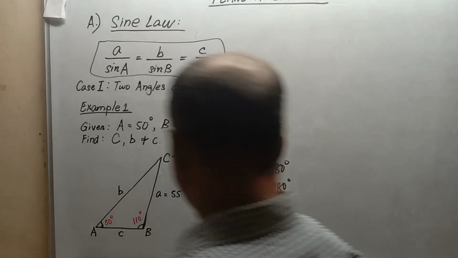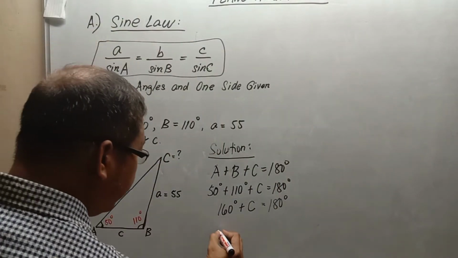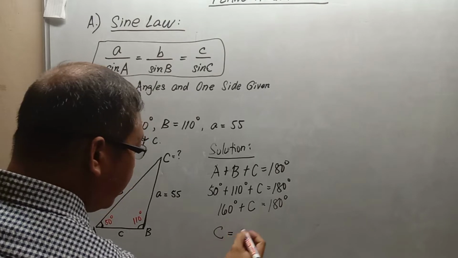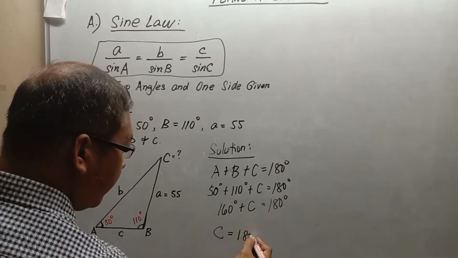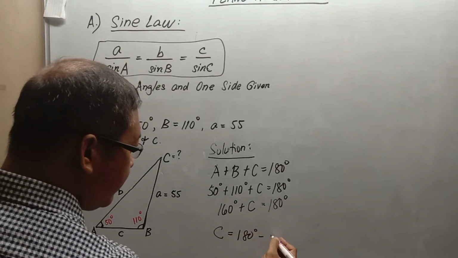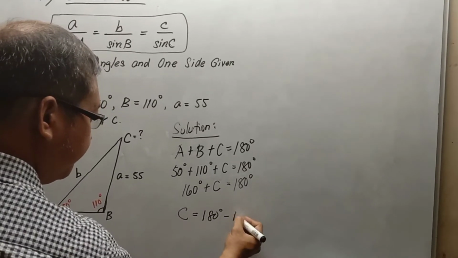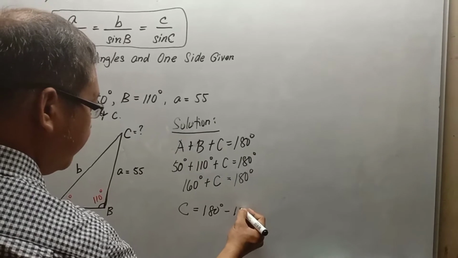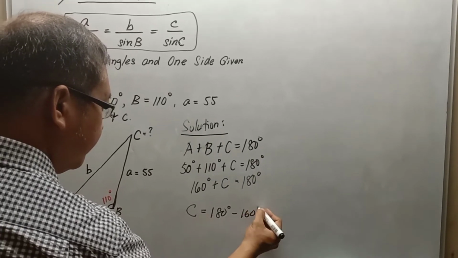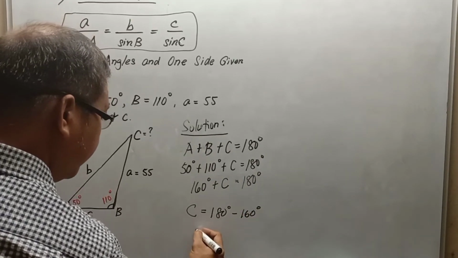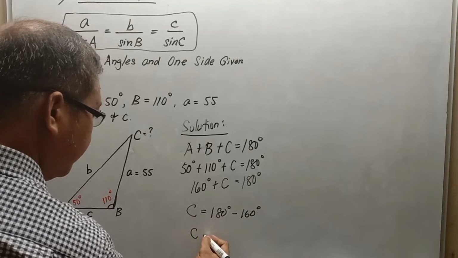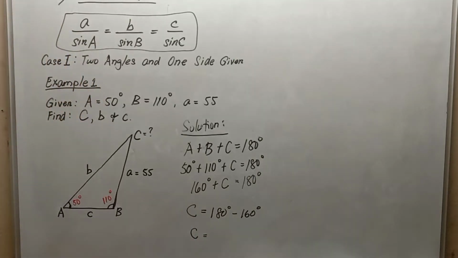So, therefore, angle C will be 180 minus 160. So, 180 minus 160, guys, how much? 20 degrees.